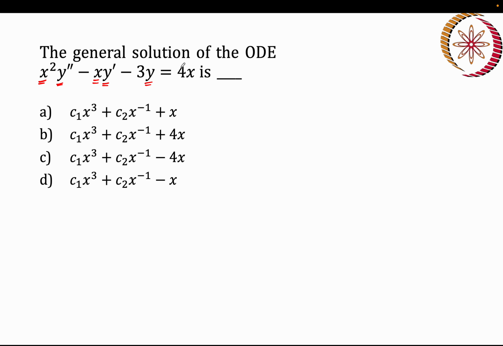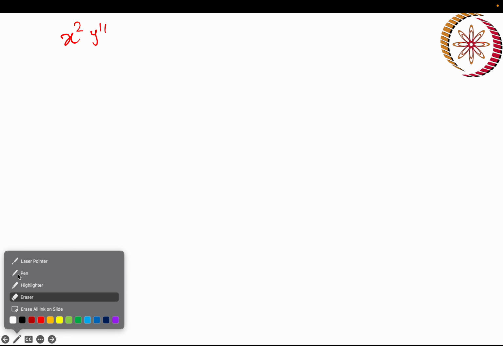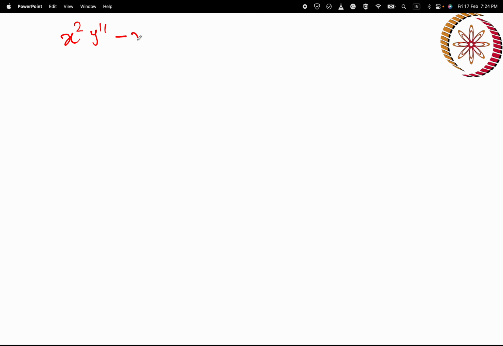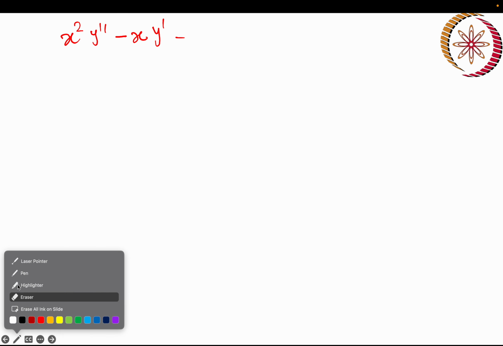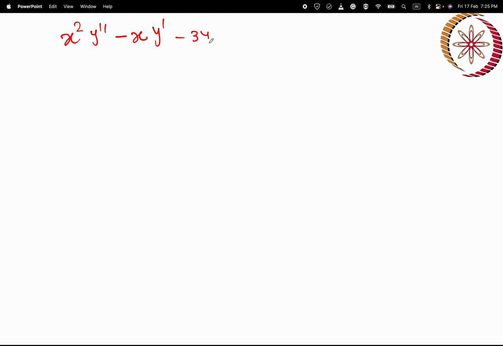So how to solve this type of equation, we'll see. x square y double prime minus x y prime minus 3y is equal to 4x.